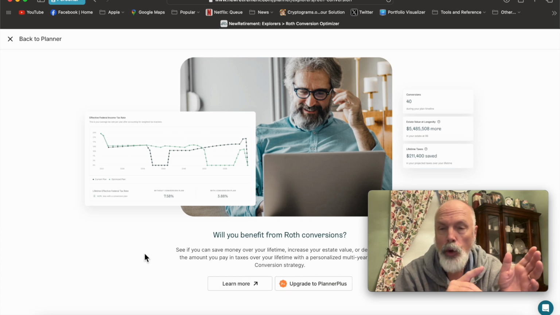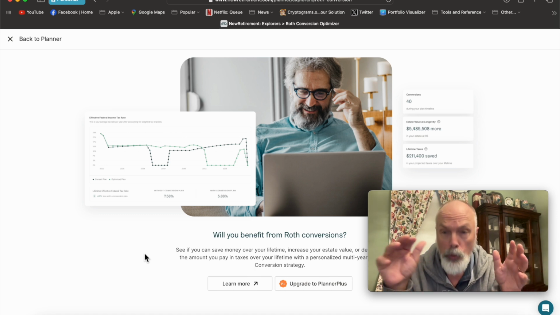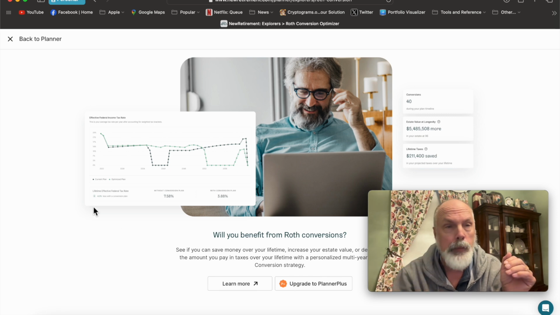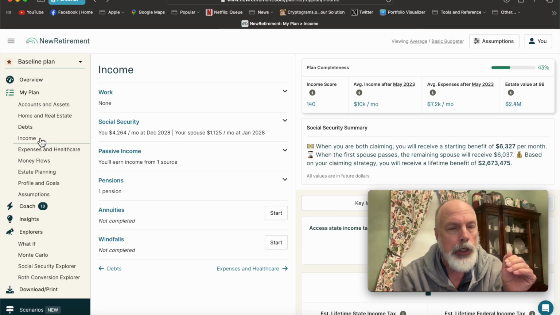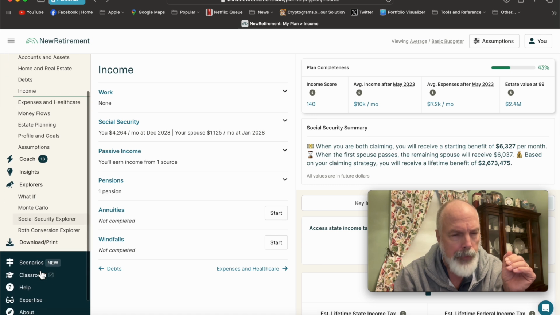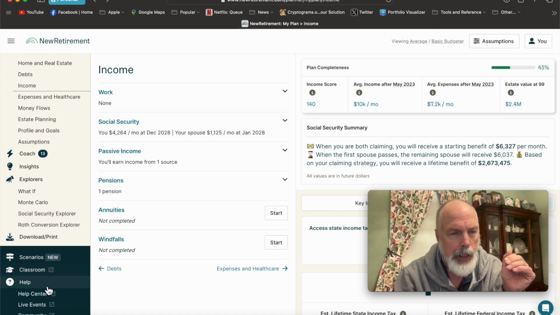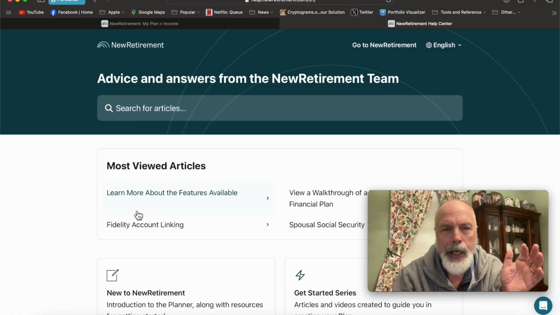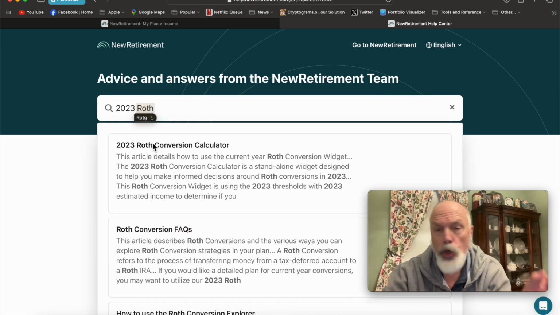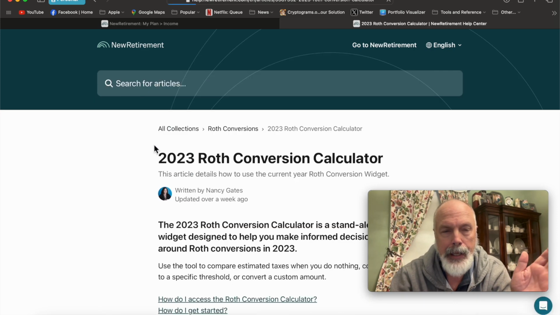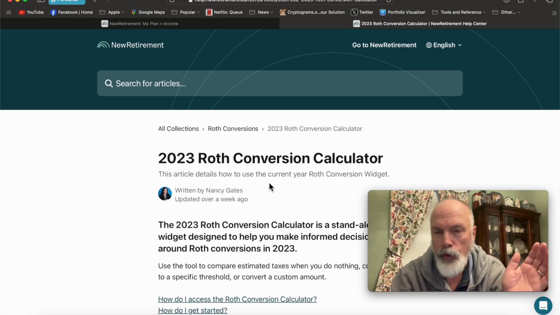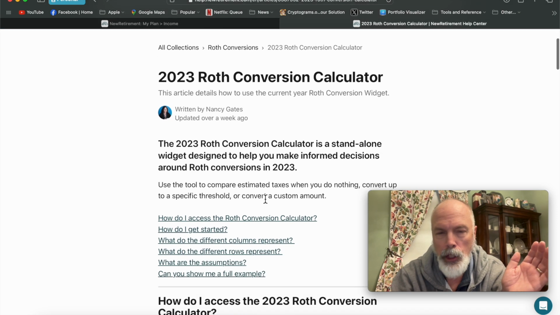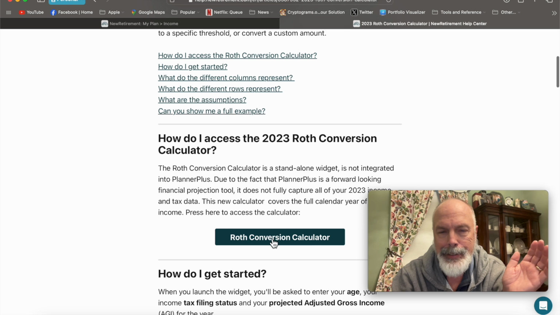But here's how you can get to the 2023 Roth conversion applet with your basic membership. Watch this. You go down to Help, go to the Help Center, and then search for the 2023 Roth Conversion Calculator. And it'll include a button that says Roth Conversion Calculator.